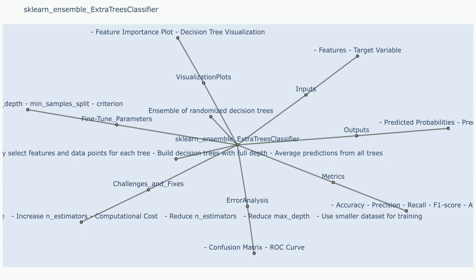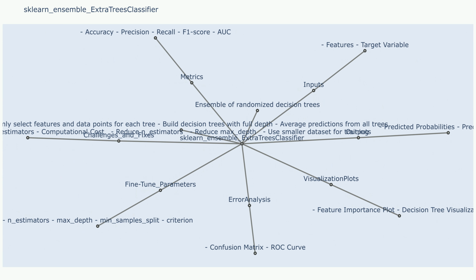Fine-tune parameters. n_estimators, the number of trees in the forest. Increasing the number of trees generally improves performance but can also increase computational time. Max depth, the maximum depth of each tree. This parameter helps to control overfitting and can improve generalization performance.